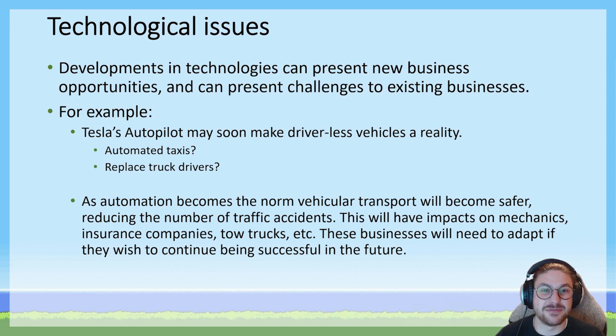What impact will that have for panel beaters and mechanics? Certainly for tow trucks. You've got to consider that a technological development like this will have far-reaching implications for employees and business managers in a wide range of different businesses. And so that's one thing to think about. Certainly, autopilot self-driving is one example.